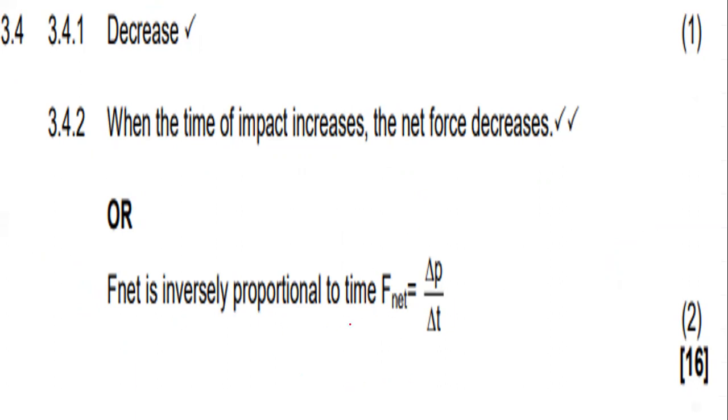And that carries 2 marks or nothing. Or the learner could have said, when the time of impact increases, then the net force decreases altogether. So that is 2 marks. Right, I hope you are able to do that, because there it has to do with that relationship between net force as well as the contact time. Good. Then we go to the next question.